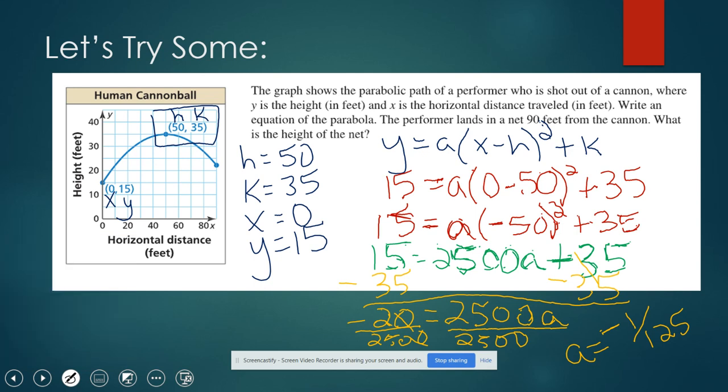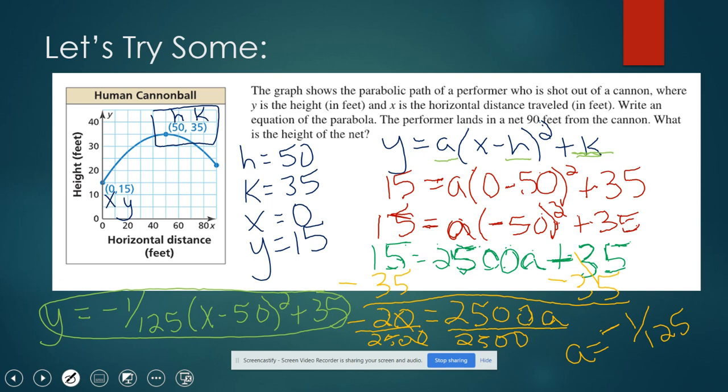Remember our equation. We plug back in A, H, and K. So we would have Y is equal to negative 1 over 125, X minus 50 squared plus 35. And that's the equation that we're looking for.